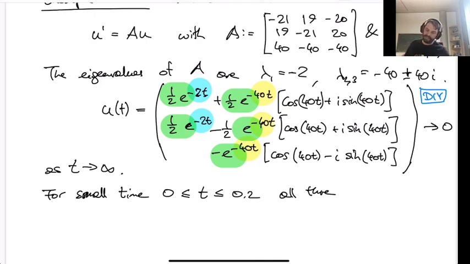So this bit at 0.2 will be in the order of 10 to the minus 4.